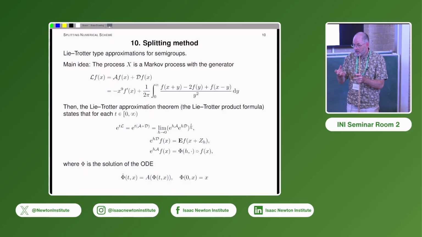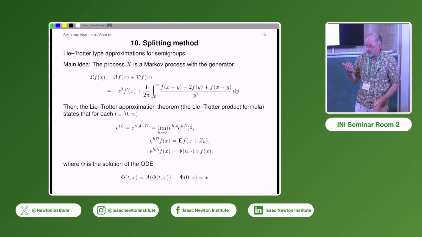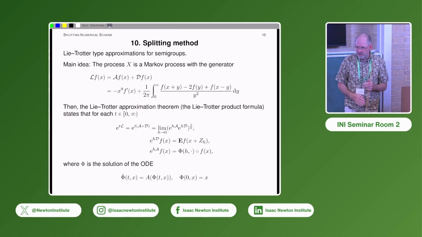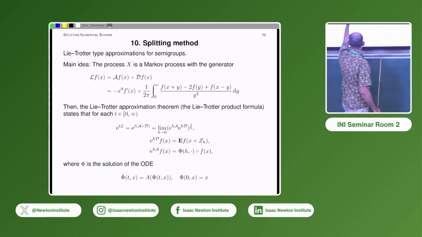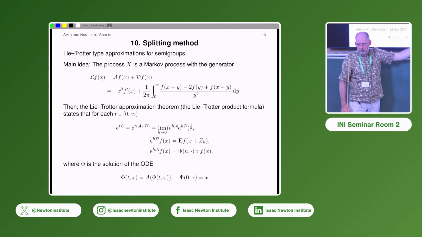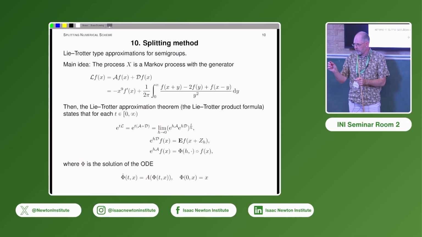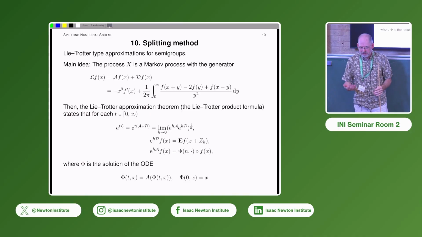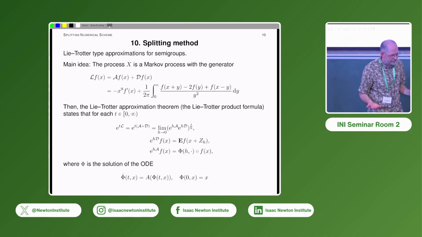But the Lie-Trotter theorem says you cannot do this exactly, but you can do this in the limit. This is the main idea of Lie-Trotter. If you pass to the limit, it works. So if it works in the limit, then you take some small h and hope that you have a convergent approximation. This is called Lie-Trotter approximation.